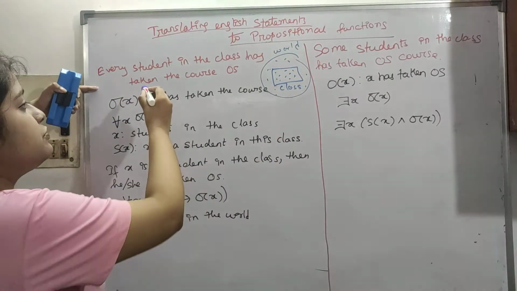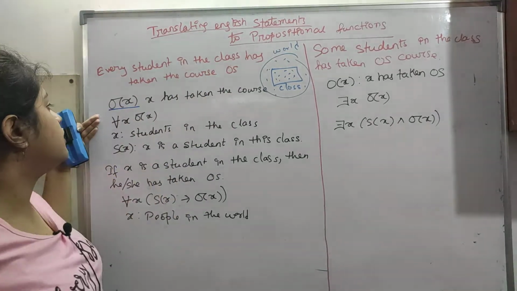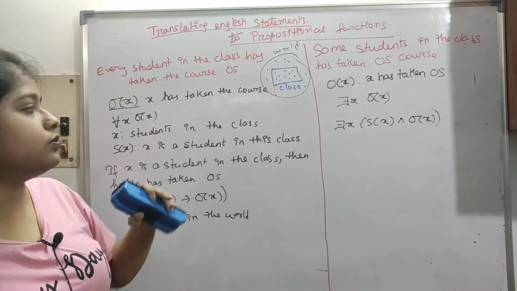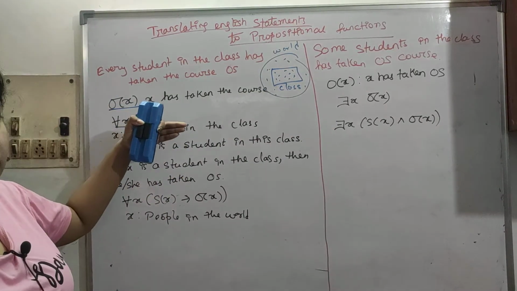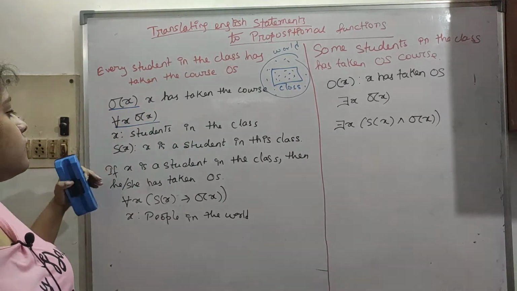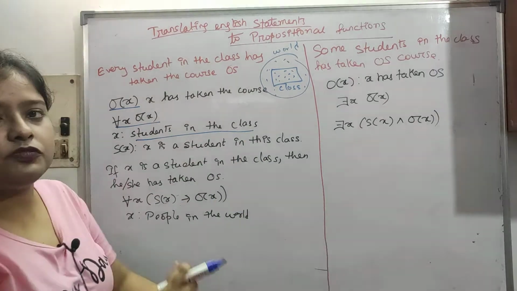Every student in the class has taken the course OS. So O(x) is x has taken the course, and for all O(x) means for all students, x has taken the course. Here x is the students in the class.